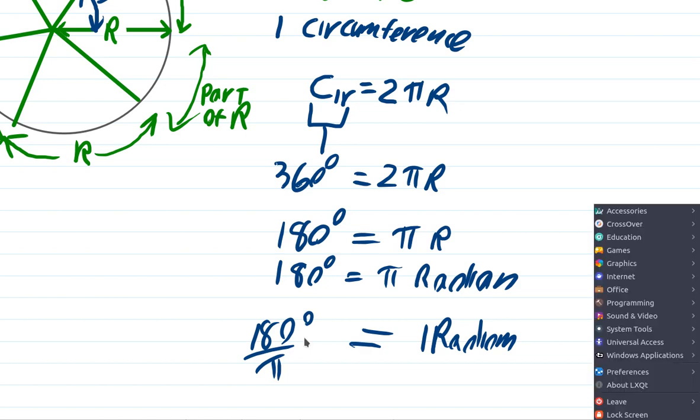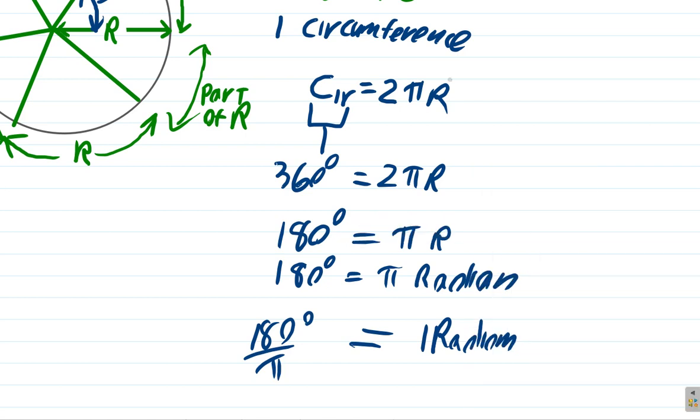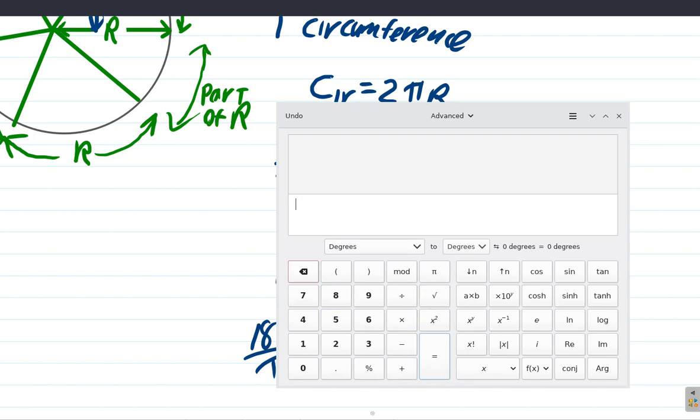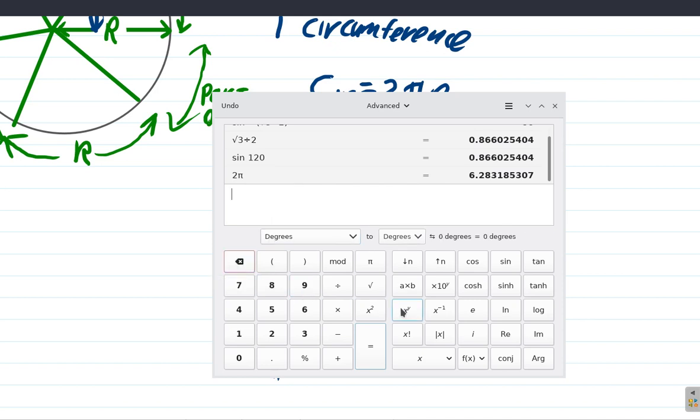Now, let's see what the numbers would be. 2 pi equals 6.28 something. Alright? Now pi divided by 2 is 1.5 radians.